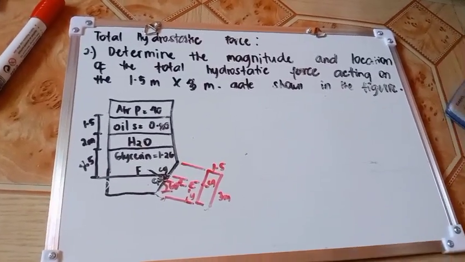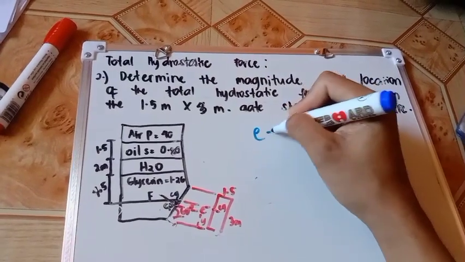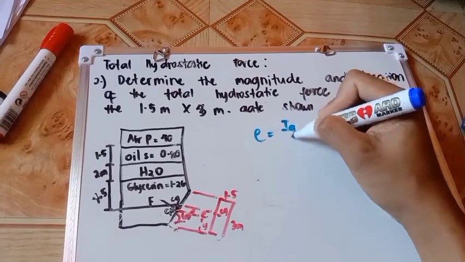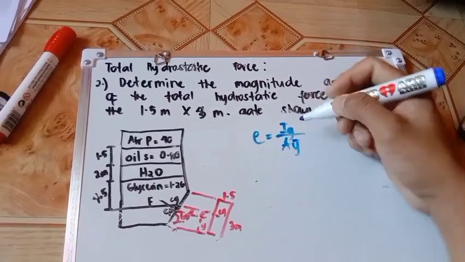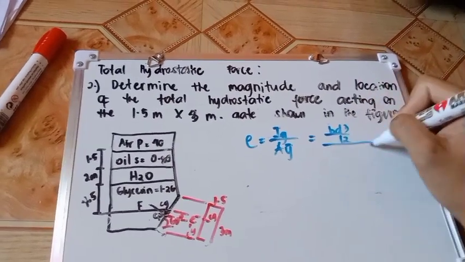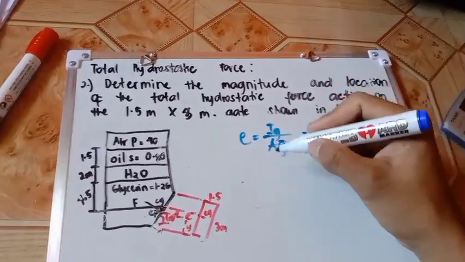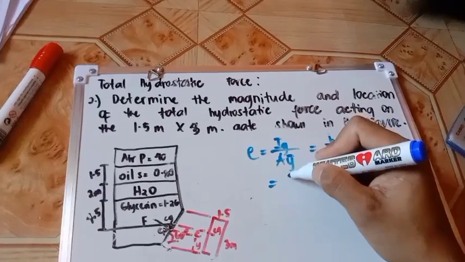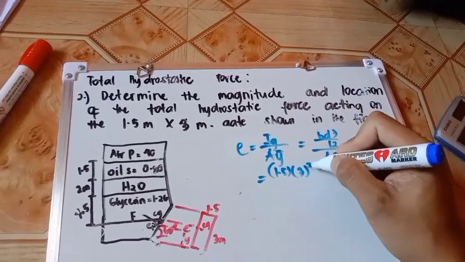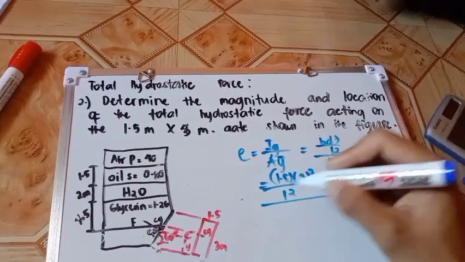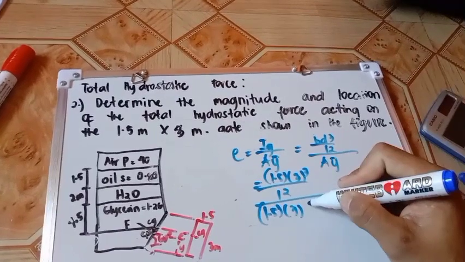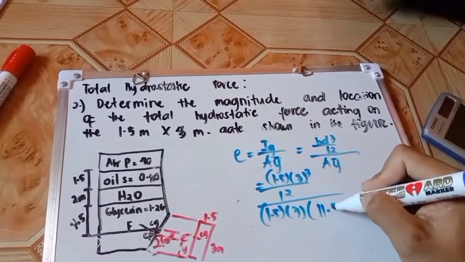So eccentricity is equals to Ig over A bar Y. So BD cube over 12 over area bar Y. So 1.5 times 3 cube over 12 over the area, which is 1.5 times 3, times bar Y, which is 11.87.